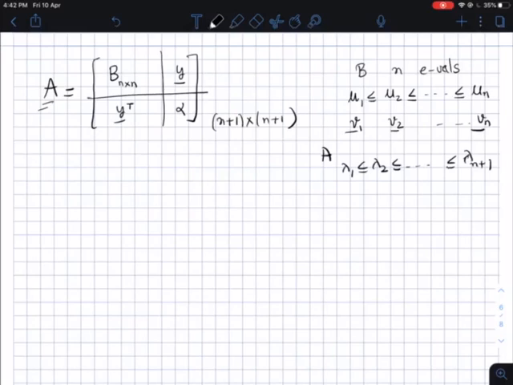Now what I'm going to be interested in is how the eigenvalues of A are related to the eigenvalues of B. Okay, so let's try to apply the Rayleigh quotient theorem to A, right? So what does that say? It says that so long as I'm able to pick a unit vector x, then the value of the Rayleigh quotient, which is simply the quadratic form x transpose Ax, is going to be between lambda n plus 1 and lambda 1.